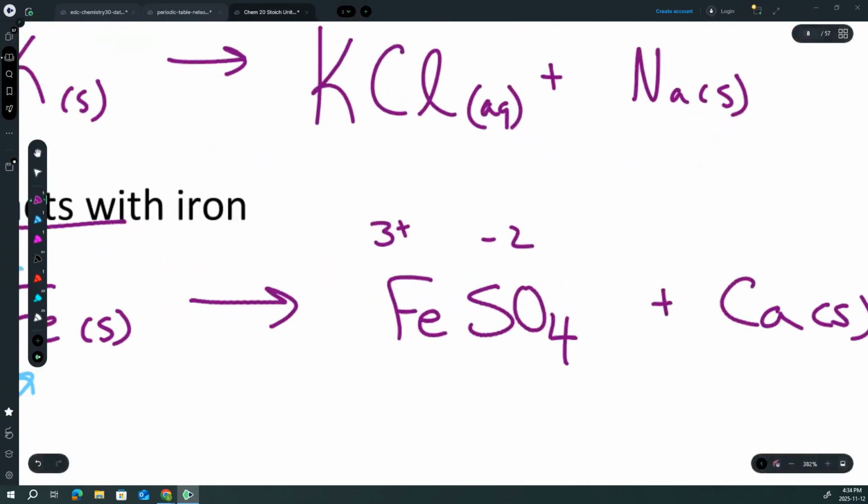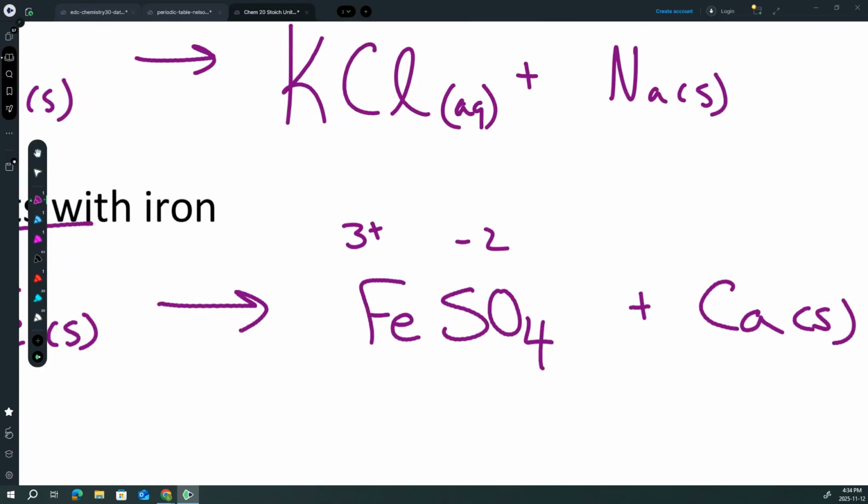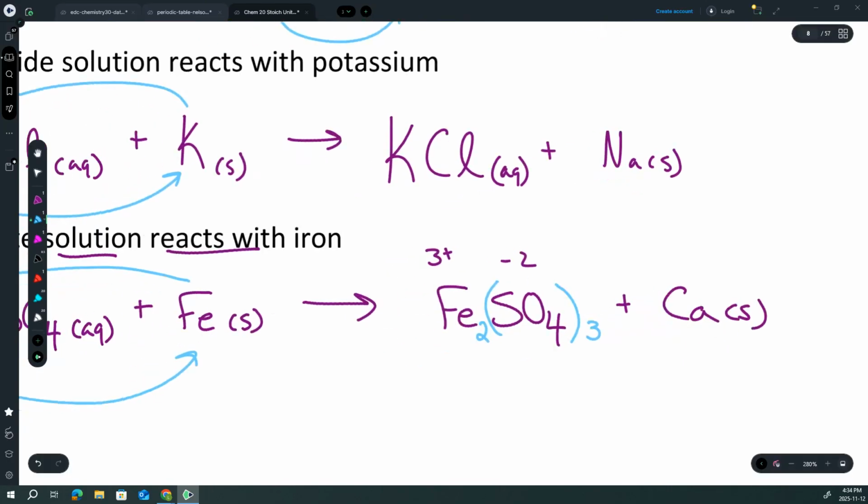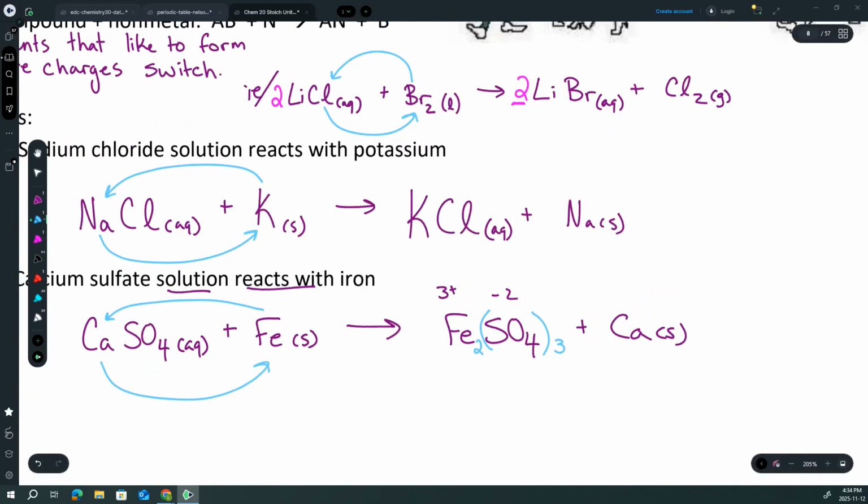So because we know 3 minus 2 does not equal 0, we got to do crisscross applesauce. Okay? So because sulfate is a polyatomic ion, I'm going to put brackets around it because there's going to be more than just one. So we have a 3 and then a 2 right there. Okay, so that's balanced now.